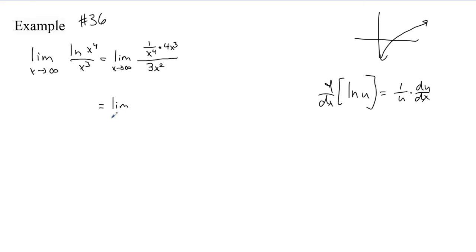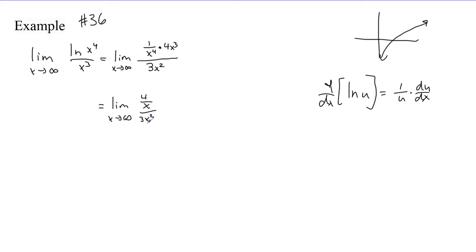So I get the limit as x goes to infinity. The x to the third and x to the fourth, three of the x's cancel out, and I still have a 4 on top. So it'll be 4 over x all over 3x squared. And so I've got this fraction, 4 over x, divided by the fraction 3x squared all over 1.